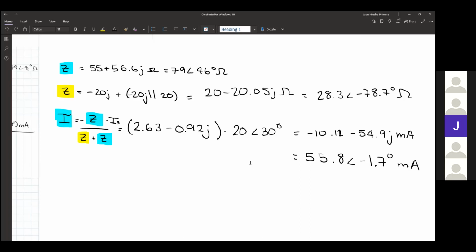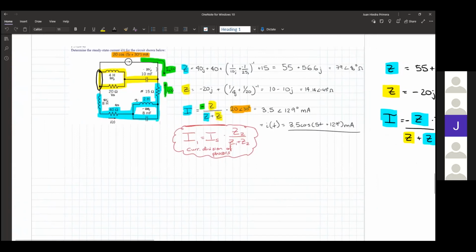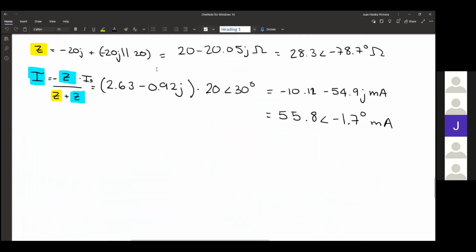And then all you have to do is go back to your original current source, find its frequency, 5. Now you have 55.8 cosine 5t minus 1.7 degrees milliamps. And that is your current.